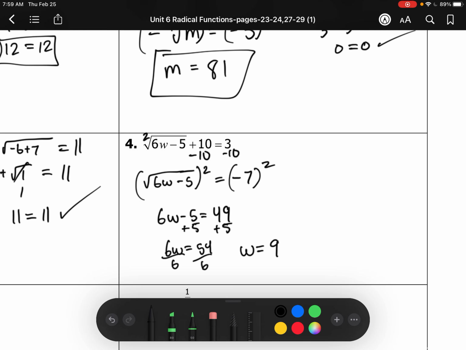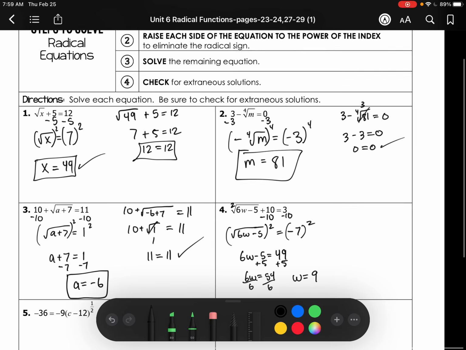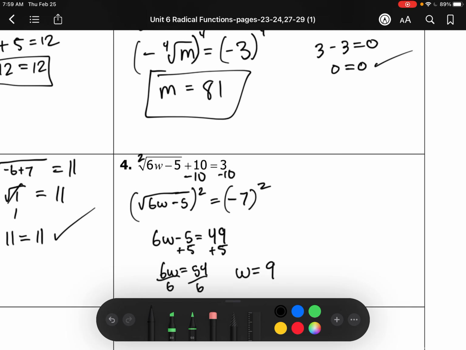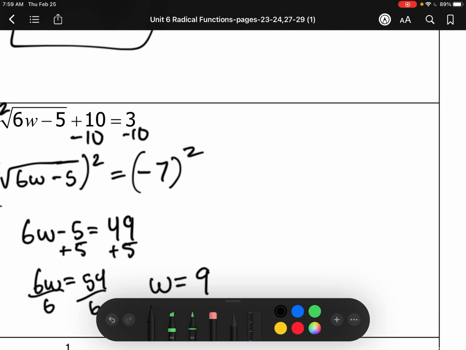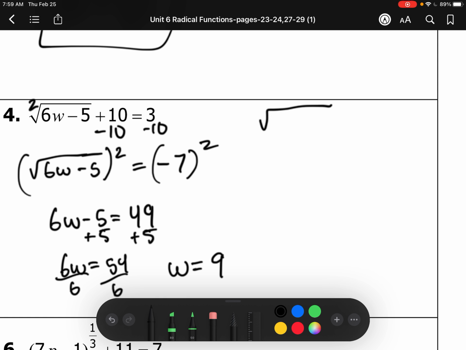So now I did all the math correctly. I'm going to check for extraneous solutions. So I have the square root. Remember, I'm replacing w with 9. So I have the square root of 6 times 9 minus 5 plus 10 is equal to 3. All right, so 6 times 9 is going to be 54.